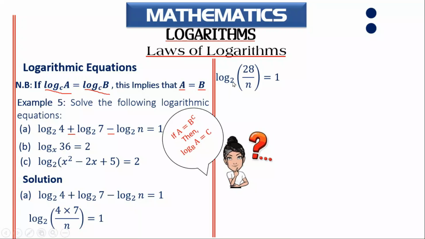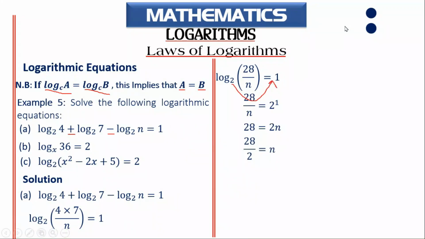So this is the reverse form of it. You already have log something to base something, so don't forget, it is the base value that is moving to the other side. So if we solve further, it's going to give us 28 over n equals 2, that's if we divide both sides by 2. Of course, that means our n is equal to 14.